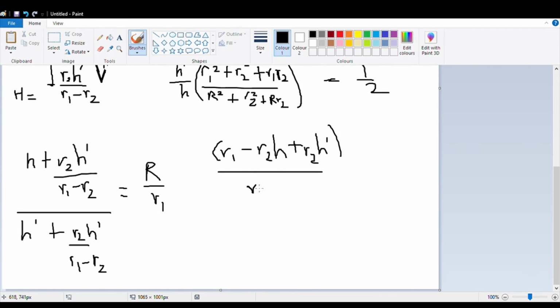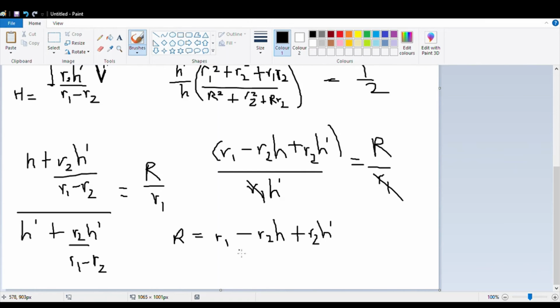So R1 and R1 cancel out, and here we have capital R equal to (R1 minus R2) h plus R2 h dash, by h dash.